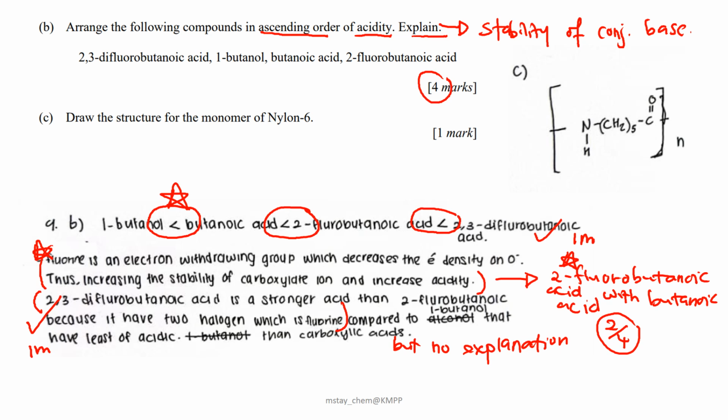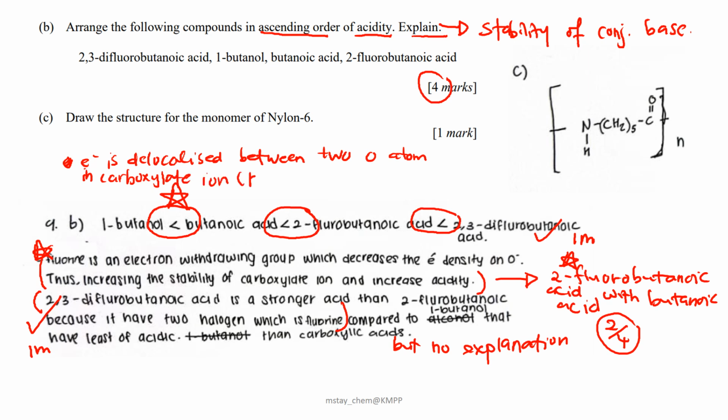So you can mention that the electron is delocalized between 2 oxygen atoms in the carboxylate ion.